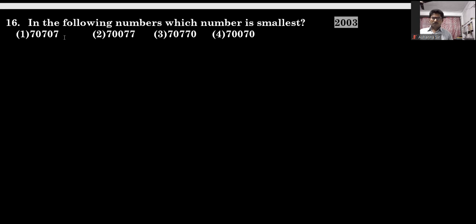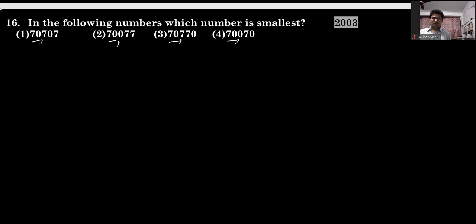16th one, in the following numbers, which number is smallest? This is a 5-digit number, this is also a 5-digit number, this is also a 5-digit number, this is also a 5-digit number. So we have to compare from the leftmost digit. 70, 7, 70, 70.